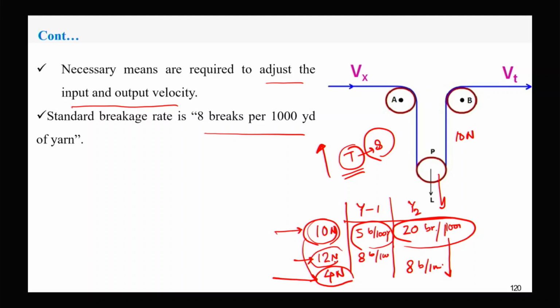So yarn 1's dynamic tension is 12 Newton. Yarn 2's dynamic tension is 4 Newton. So yarn 1 is better than yarn 2. In this way we will express. So standard breakage rate is 8 breaks per 1000.